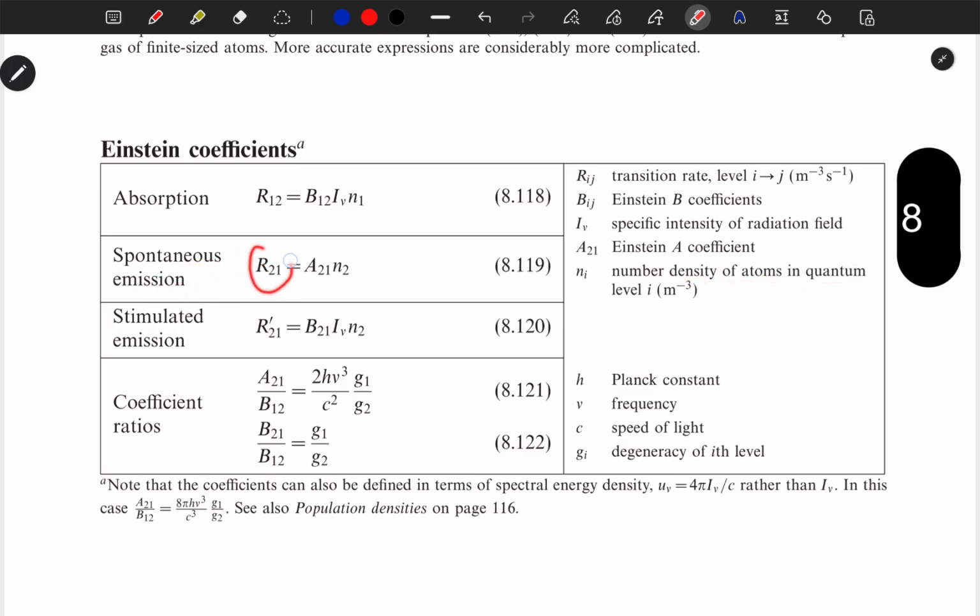Spontaneous emission R21 equals A21 N2. Stimulated emission R21' equals B21 I_ν N2. Coefficient ratio A21/B21 equals 2πν²/c² times g1/g2, and g1/g2 is B21/B12.